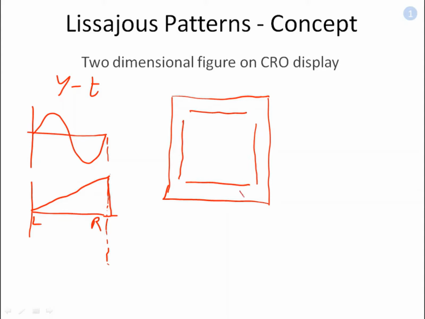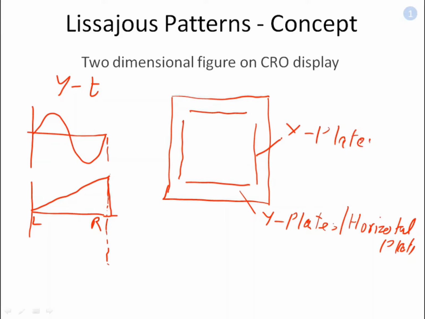So these are the Y plates, also called horizontal plate, and this is the pair of X plates, also called the vertical plates. These are the vertical plates.